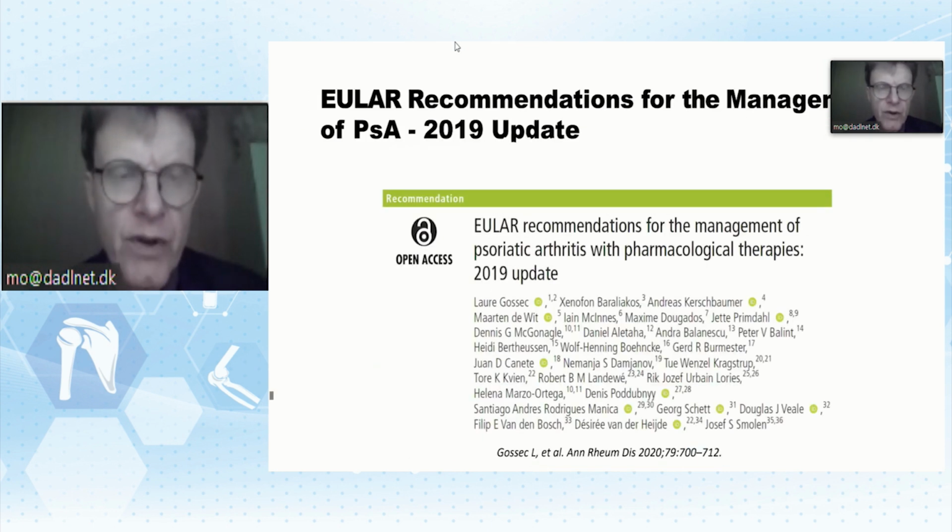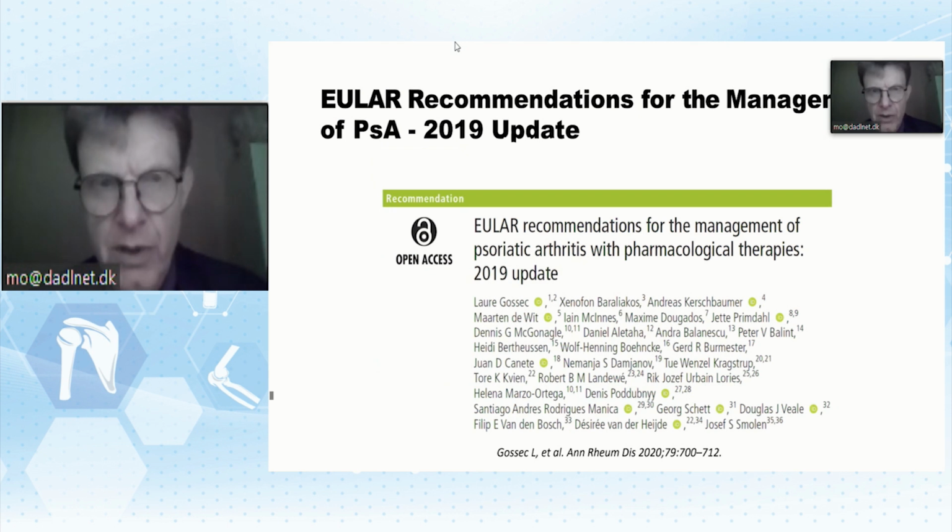Then moving into the EULAR recommendations from 2019, published last year.